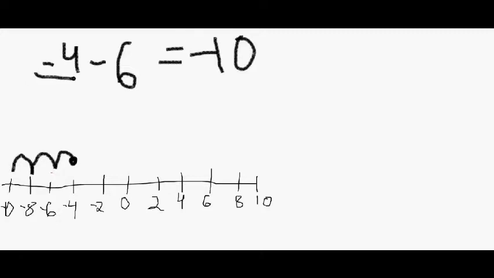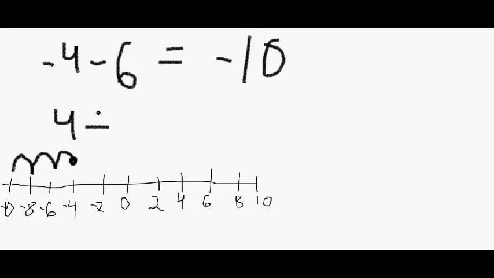Now an easy way of doing it is seeing, since they both have negative signs, all we're doing is adding the numbers. So 4 plus 6 is 10. And since these are both negative, the answer is negative. Same thing if it's 4 plus 6, which is technically plus 4 plus 6. We just add them and take the sign of both numbers, which is positive. Alright?